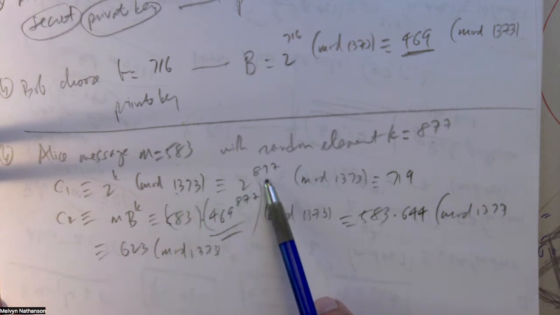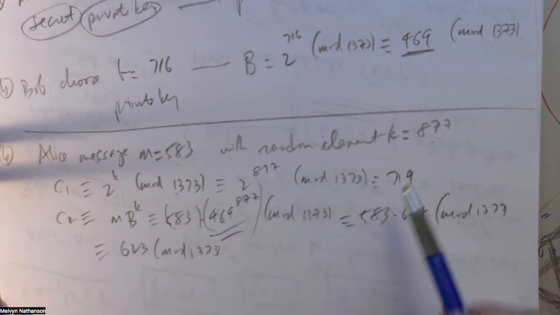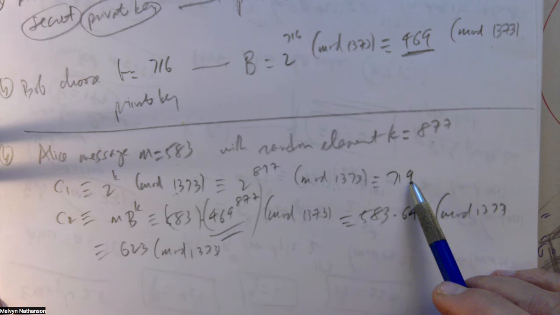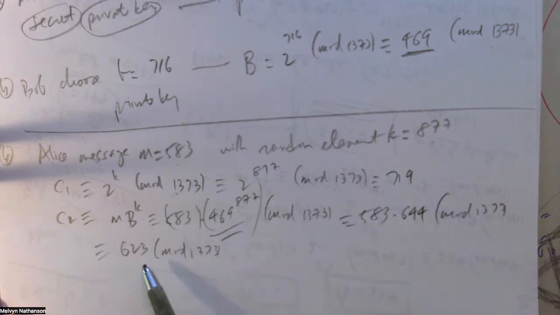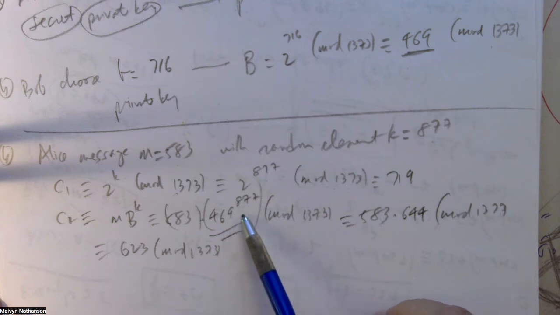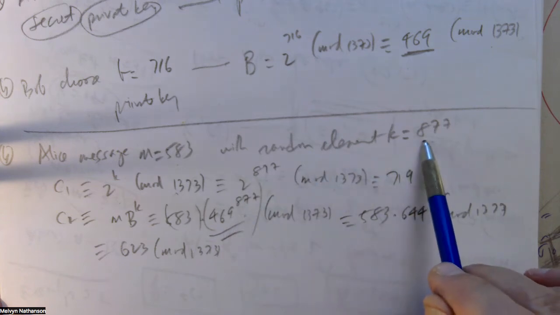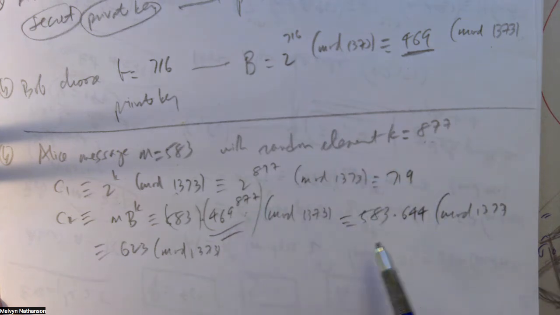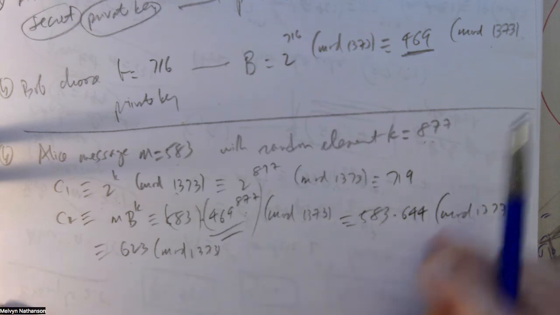That's 2 to the 877 mod 1373, and if my calculation is correct, that's 719. C2, Alice takes her message, 583 times B, 469, to her random element, 877. And again, if this calculation is correct, that's 623.